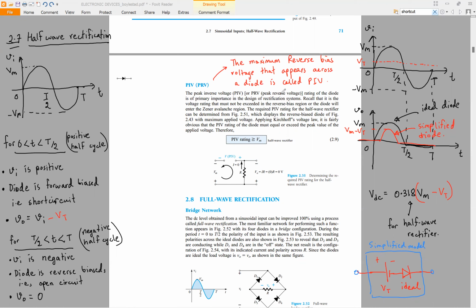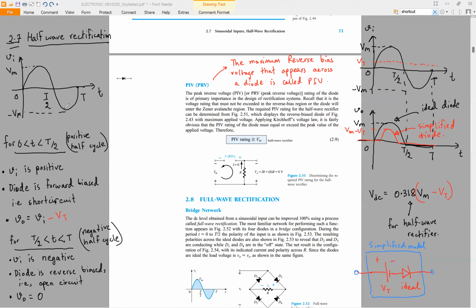So when is the diode reverse biased? When the input voltage is negative, right? And what is the most negative voltage of the input? Vm is the maximum negative value.